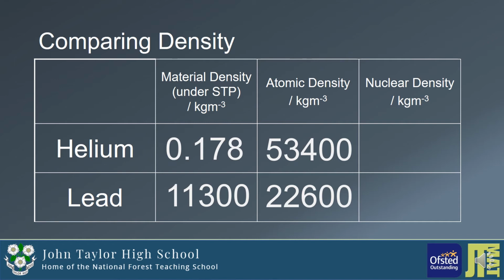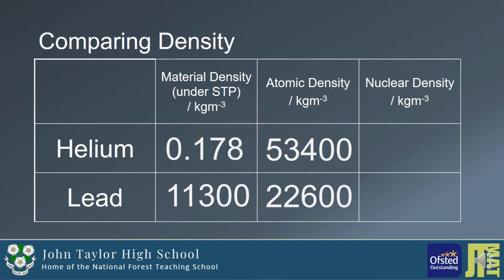Whereas lead will have several energy levels, so the electrons actually occupy a lot more volume of the atom, and the electrons are occupying that volume without attributing much mass at all to the scenario. You'll see that in the solutions we've essentially ignored the mass of the electrons because to the 3 significant figures we were working to, they made no real contribution. So the actual atom of helium, physically, because it occupies a lot less space because it's got fewer energy levels under normal circumstances, has an atomic density actually much higher than lead, which is quite a surprising feature.